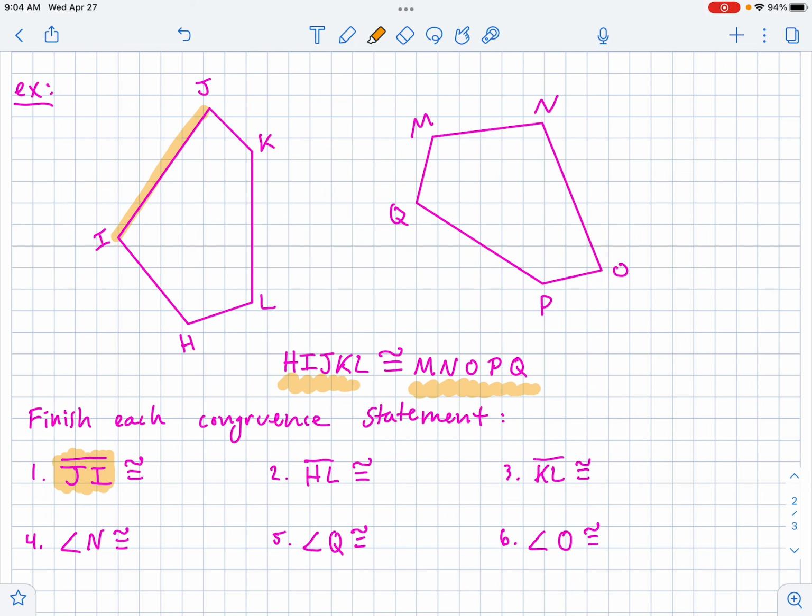When in doubt, use the roadmap right here. IJ is the second and third letters, which means that will line up with N and O. So NO is the same thing as IJ.